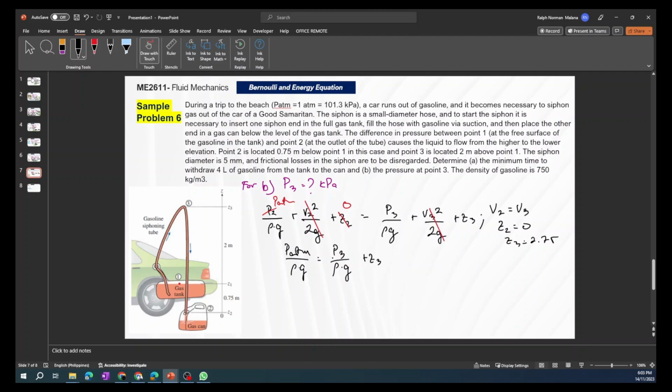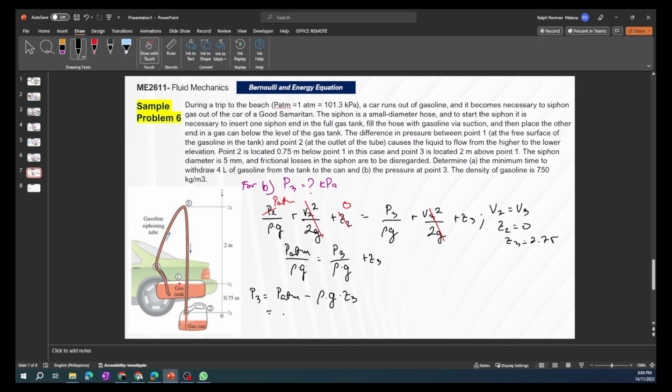Now solving for P3, isolating it, P3 is P atmospheric minus rho times acceleration due to gravity times Z3, which kind of resembles your pressure head. And we're back in fluid statics, right?